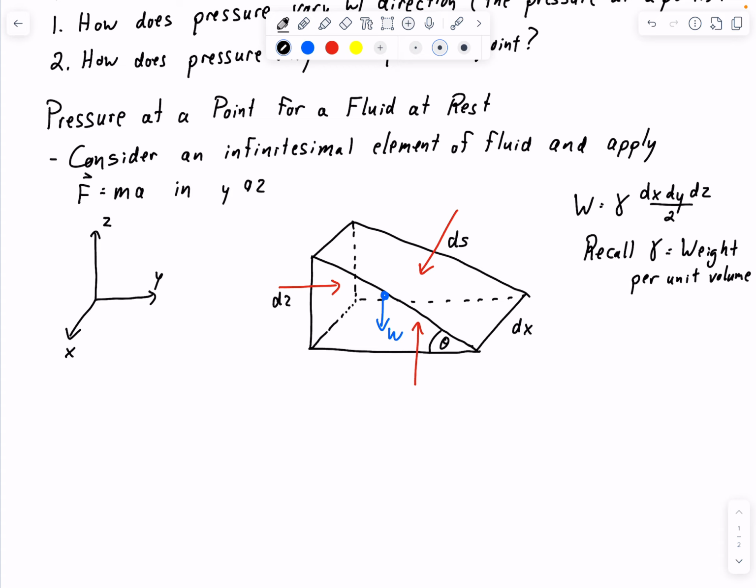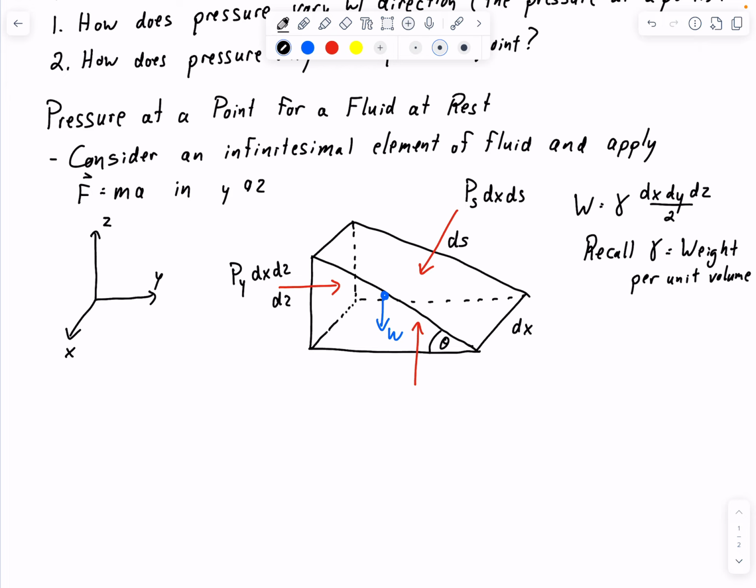So we have the pressure Ps multiplied by the area across this face, dx times ds. On the left-hand side, we have Py, the pressure on the y face, multiplied by dx times dz, the area of the left-hand face.